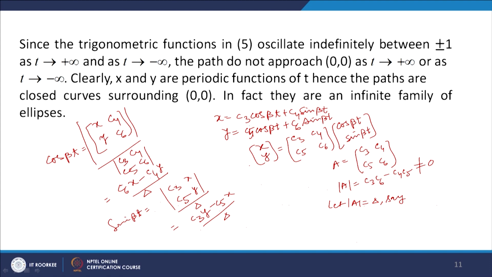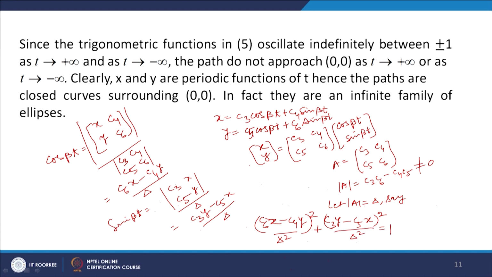We want to determine the equation of second degree in x and y that results on elimination of t from these two equations. So, cos square beta t plus sin square beta t equals 1. So, we have (C6x minus C4y) whole square over delta square, plus (C3y minus C5x) whole square over delta square, equal to 1.